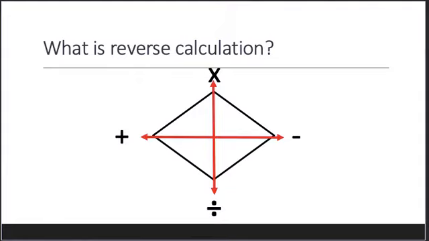This means that whatever you're doing in the question, you perform the opposite operation to the one you've used. So for example, if the question is asking you to add something to something else, to perform the reverse calculation, you would subtract that, and the same for times and divide.